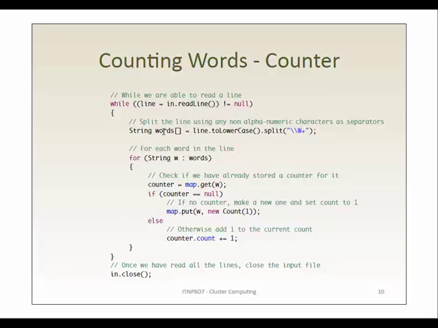So that words variable is just an array of the words on a line, all separated out. And now I go through each word I've got in that array, and I try and find out about the counts for them. So for any given word in that line, I look up that word in my hash map.